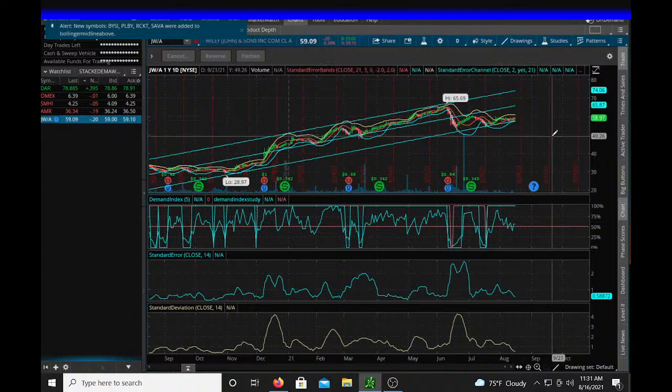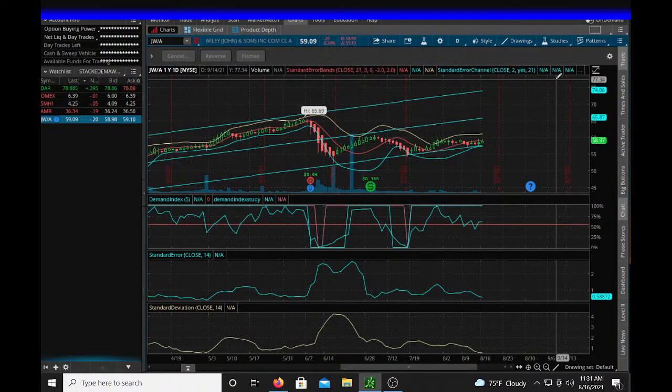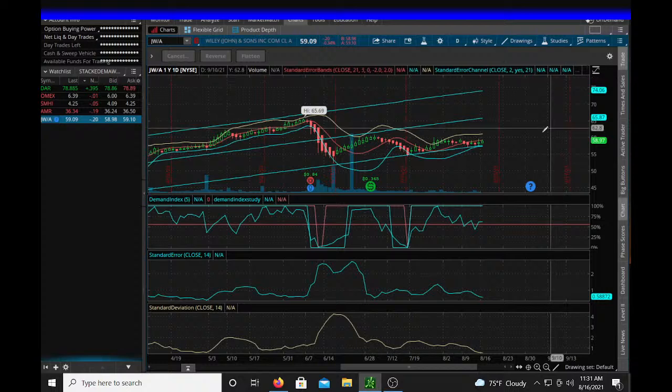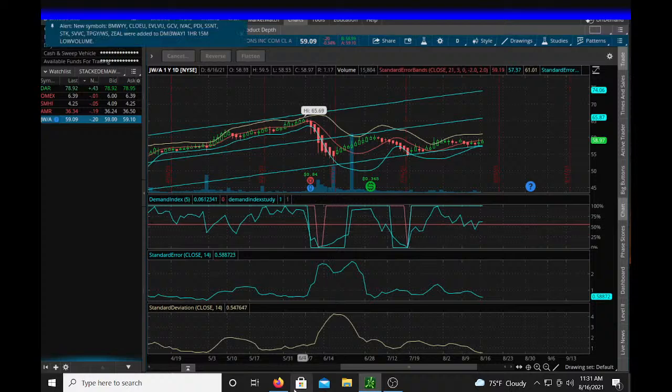And that will get into our very next Buy Z, Playboy, Rocket, and Sava, all added to the rock bottom weekly list. Those are going to be some watchers. All right, and our standard deviation, 14 close.